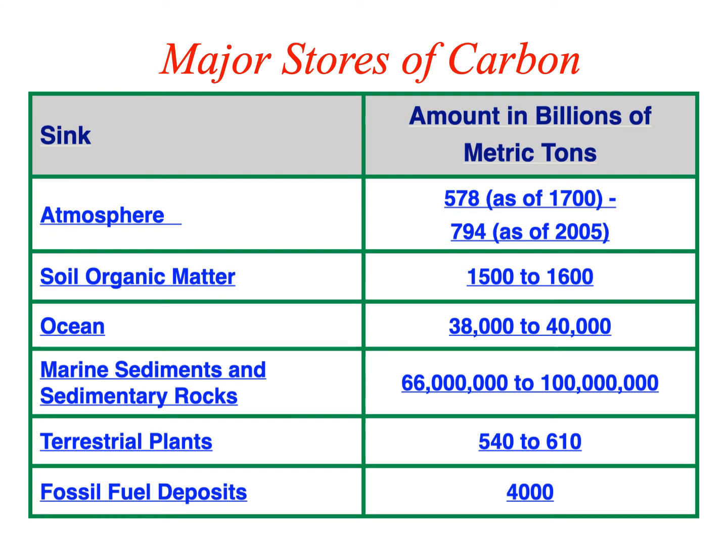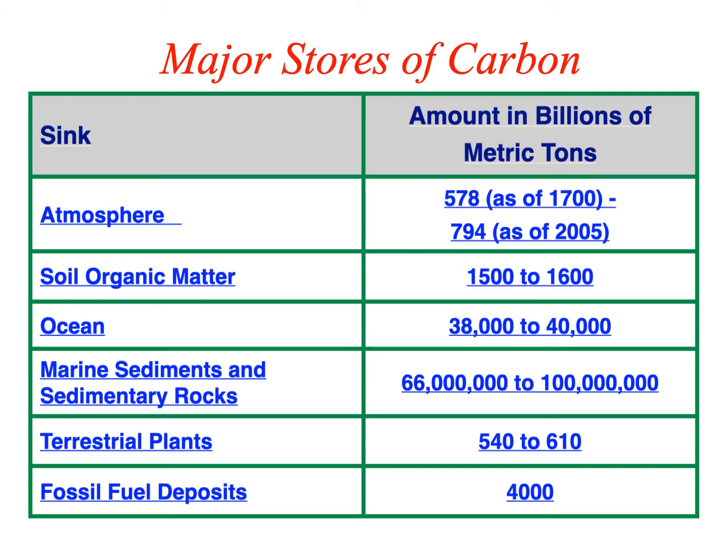So here are some of the amounts associated with these stores in billions of metric tons. In the atmosphere, prior to industrialization, 578, by 2005, 794. I don't know what the value is for today, but of course it would be higher. In soil organic matter, the amount of carbon stored is estimated between 1,500 and 1,600 billion metric tons.